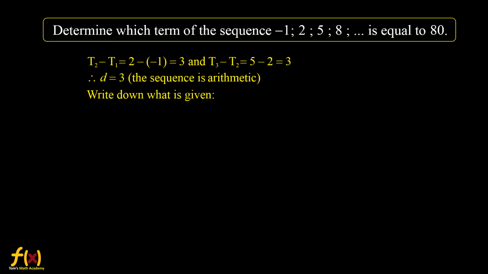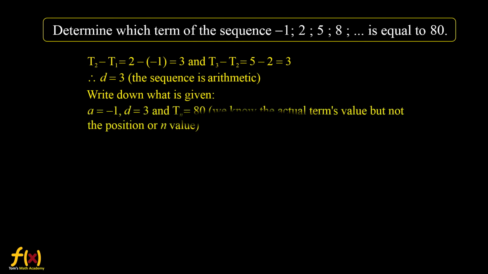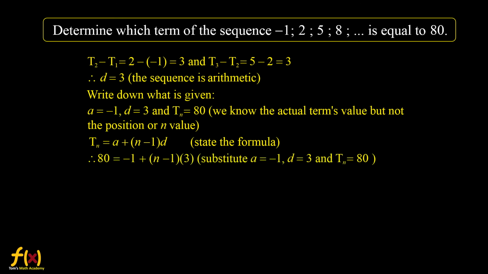Then we go and calculate. Write down what is given. a is minus 1, d is 3, Tn is 80. And then we go to the formula sheet. For the formula, you don't need to memorize it. We write the formula first, substituting the numbers.